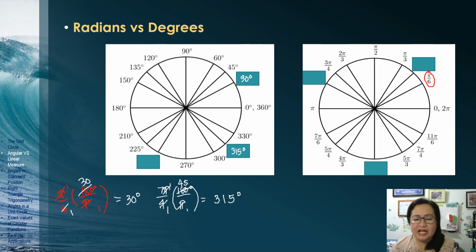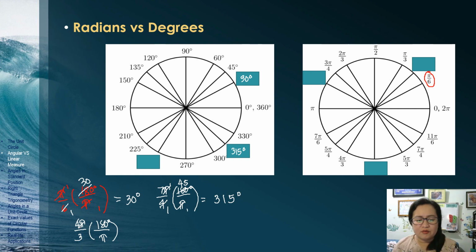Now, the last blank corresponds to 4 pi over 3. So let's convert 4 pi over 3 to degrees by following the same strategy. So the symbol pi can be cancelled.